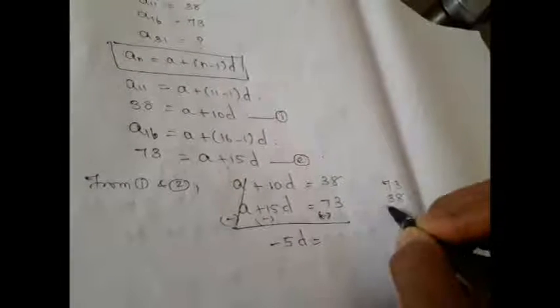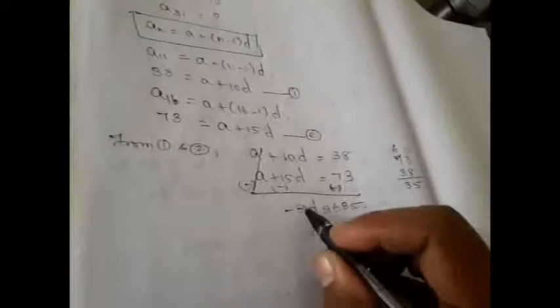What is 73 minus 38? That is going to be 35, so minus 35. So D is going to be 35 divided by 5. Minus minus will get cancelled. 5 sevens are 35. So D is 7.